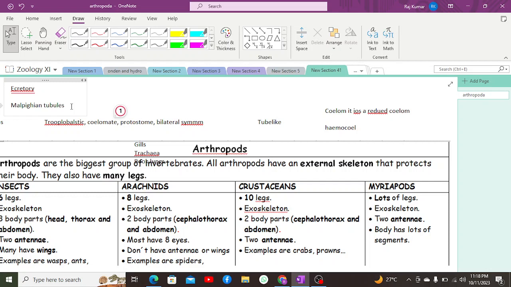These are the malpighian tubules from where the nitrogenous waste products are filtered out. And one more thing, their excretory system is combined with their digestive system.